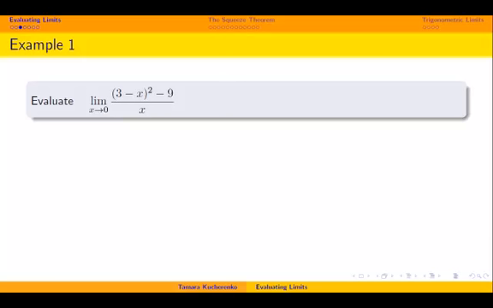Let's evaluate the limit as x approaches 0 of (3 minus x) squared minus 9, divided by x. First, try to substitute x equals 0.